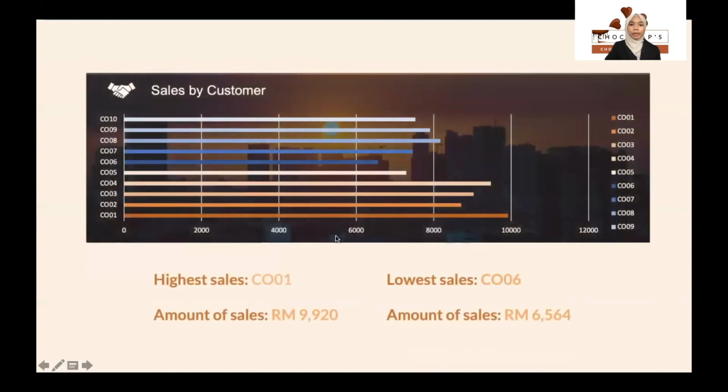Next is the sales by customer. We have the highest sales by customer CO01 amounted to RM9,920, and we have the lowest sales by customer CO06, which amounted to RM6,564.